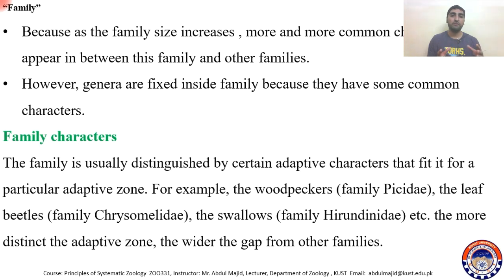So all these flightless or running birds belong to the Ratitae. The thing is that they are not flying birds. So it's very simple. A family is distinguished by certain adaptive characters that fit it for a particular adaptive zone.